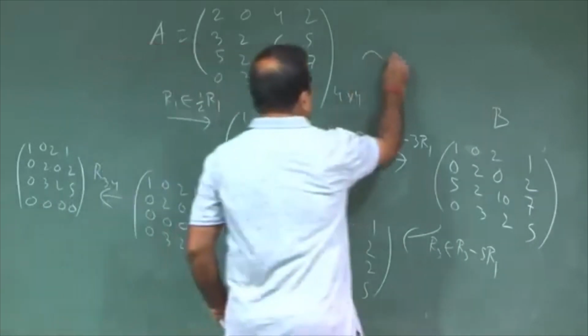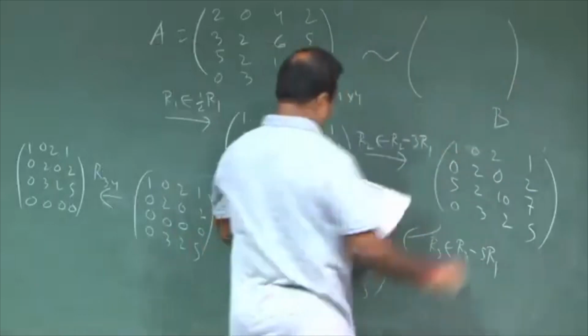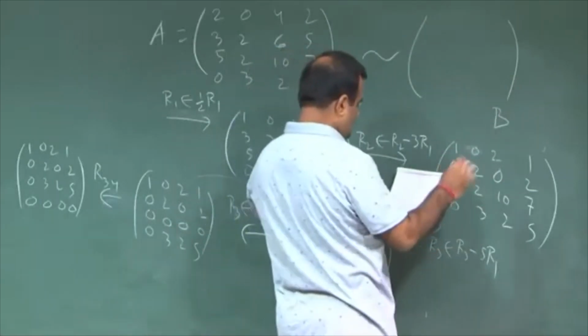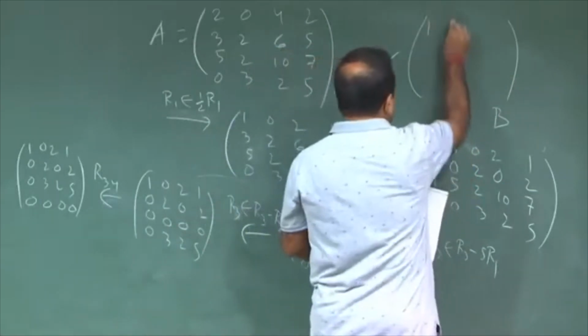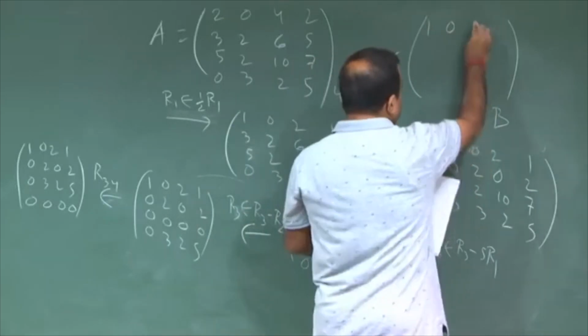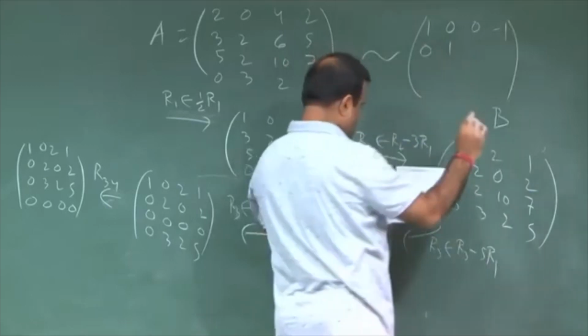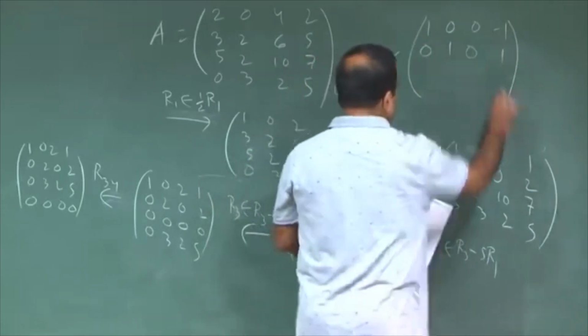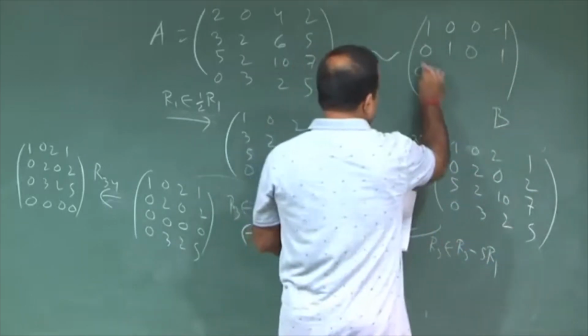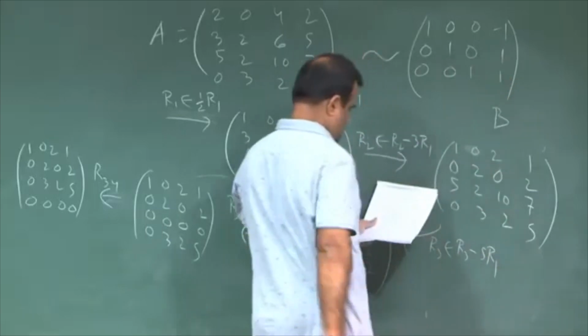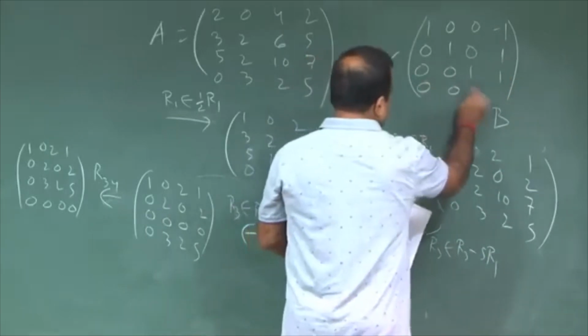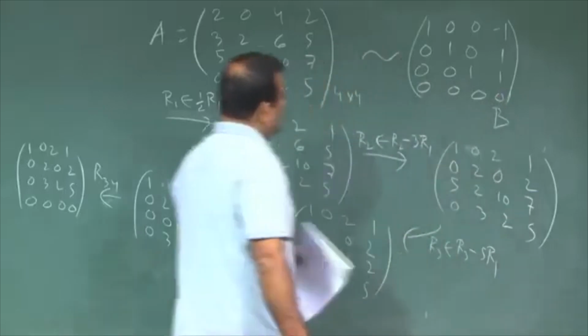So, this will eventually be like this matrix, only row operations we are doing: 1 0 0 minus 1, 0 1 0 1, 0 0 1 1, 0 0 0 0. Okay.